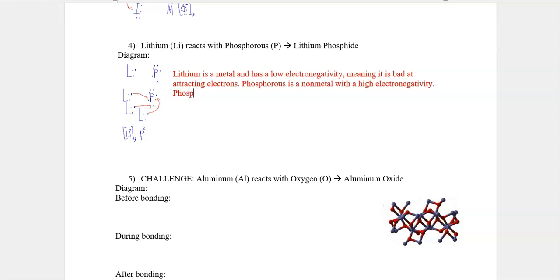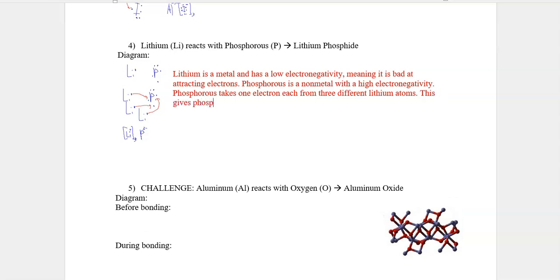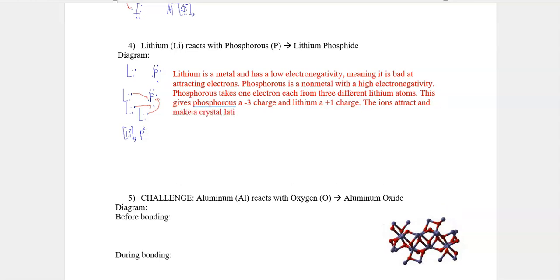Phosphorus takes 1 electron each from 3 different lithium atoms. This gives phosphorus a -3 charge and lithium a +1 charge. The ions attract and make a crystal lattice.